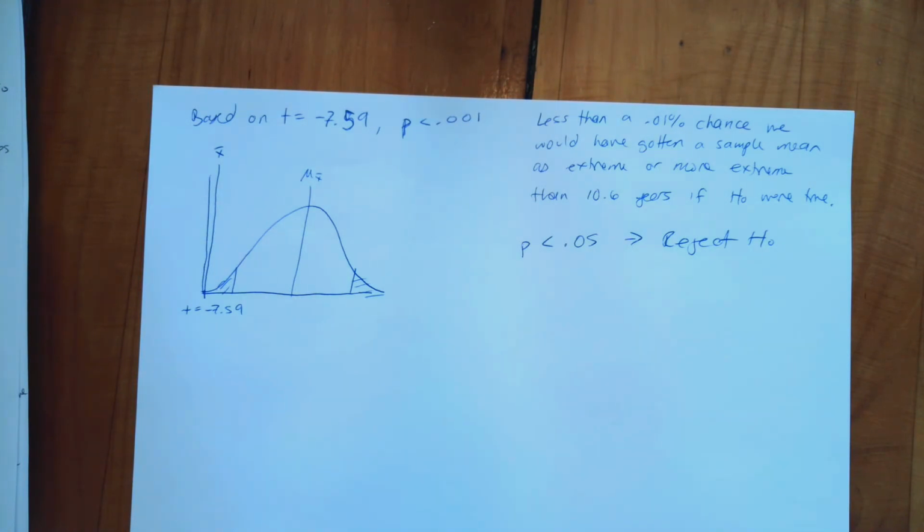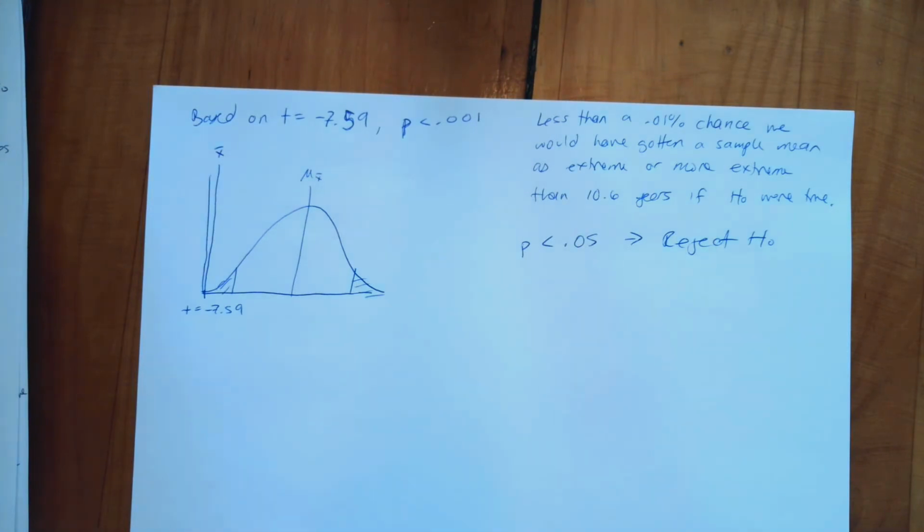In fact, there is a 0.01% chance that we would have gotten a sample mean that was as extreme or more extreme than 10.6 years if the true population mean were 15 years. Where again, extreme means as small or large. So we wouldn't have gotten a sample mean that was as far away from 15 on either side if the true population mean were 15.